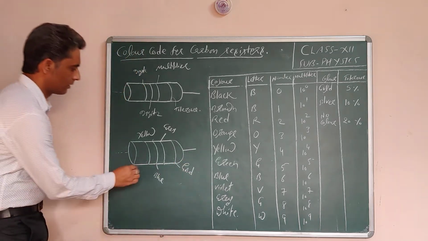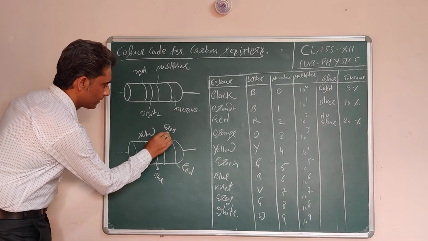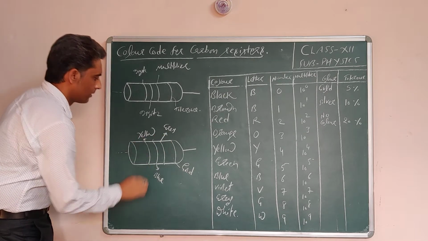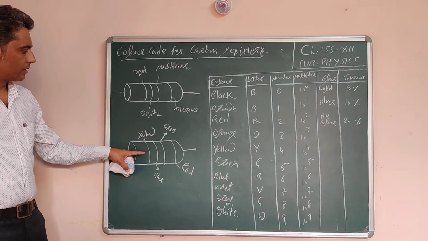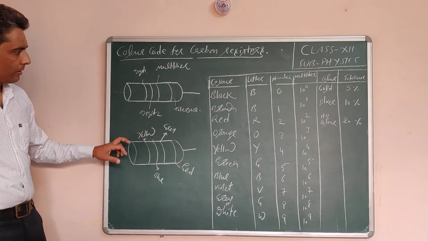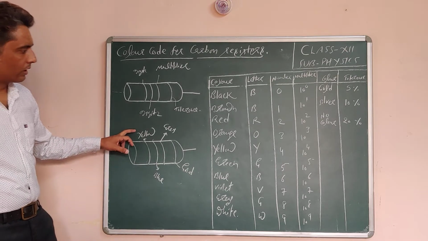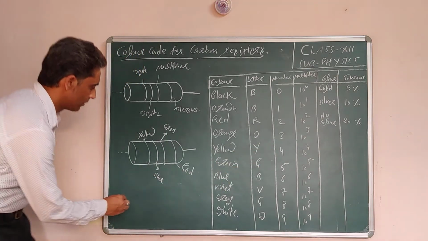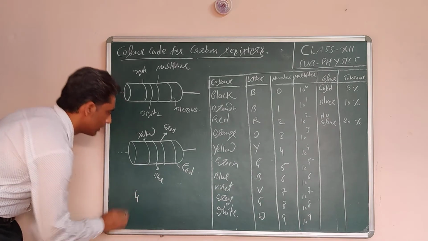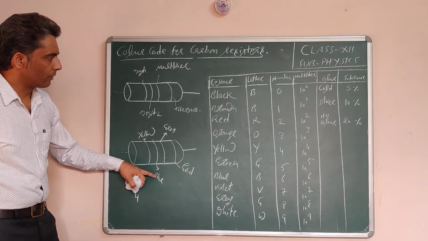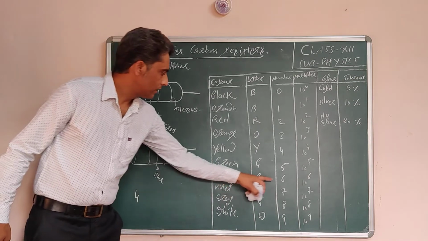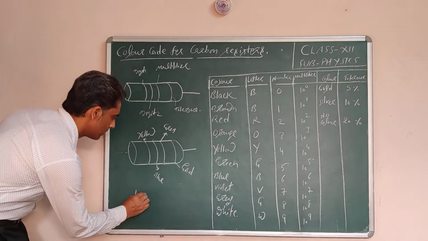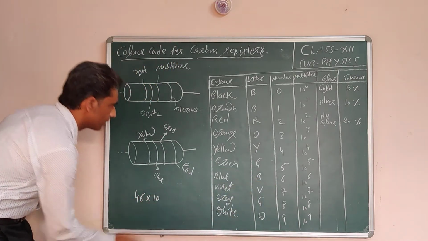Now again, the first digit will be the number for yellow color and that is 4. So I write here 4. The second digit will be the number for blue color and that is 6, into 10 to the power.